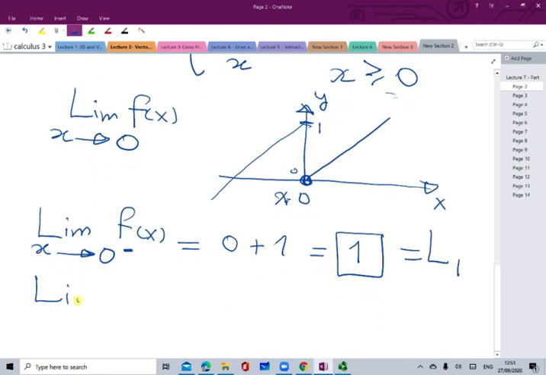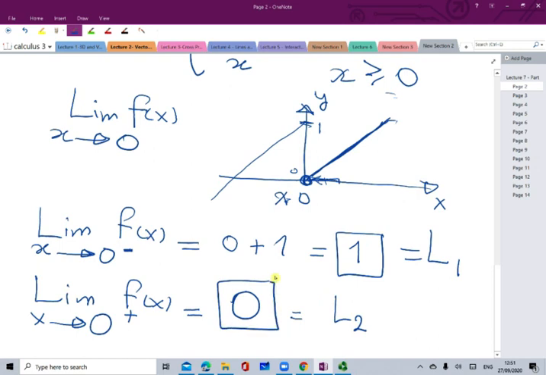But when I want to approach from the other direction, which is 0 plus, approaching from the right, any place here for x from the right within epsilon, then I take the other part of the function, y equal x, and substitute x by 0. This is another value for the limit.